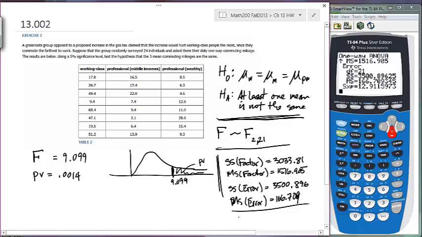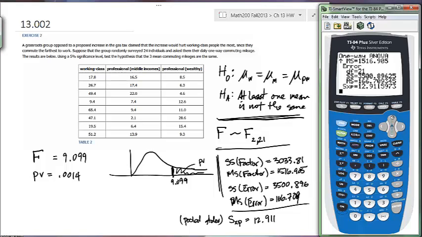Another number that may be important is the pooled standard deviation among all these values, and that's equal to 12.911.